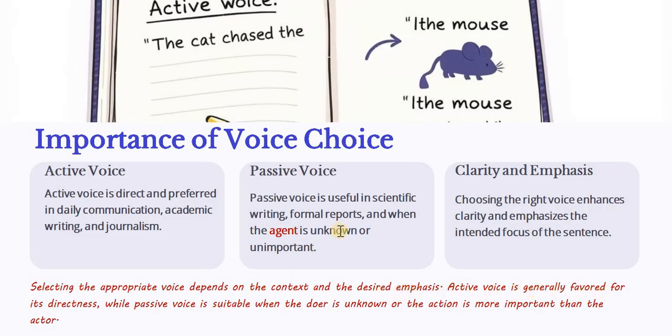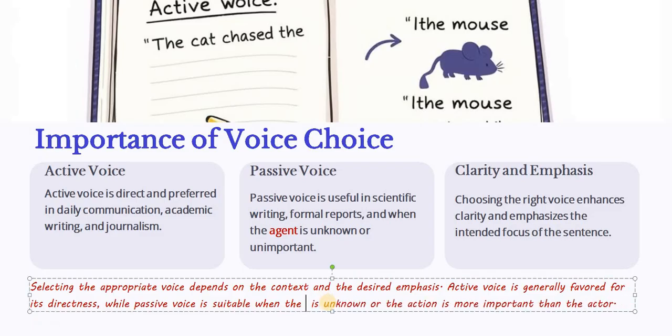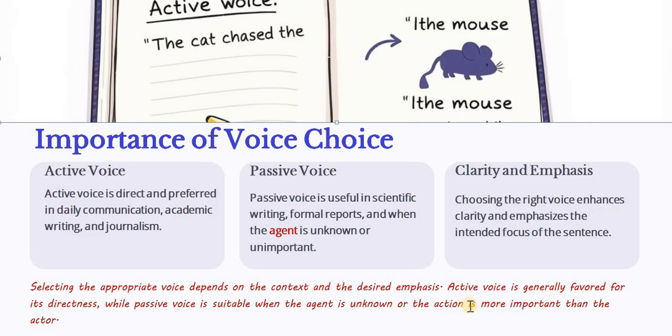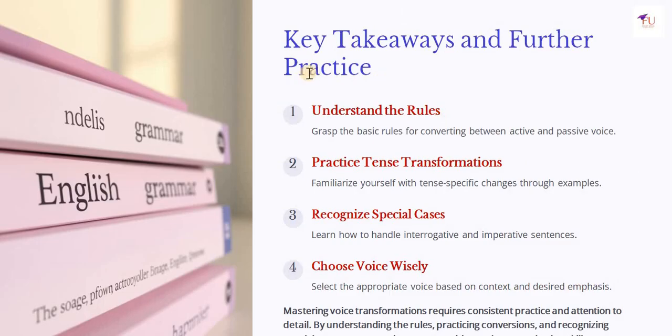Active voice is generally favored for its directness, while passive voice is suitable when the agent is unknown or the action is more important than the agent. So we use passive voice when the action is important rather than the one who is doing it.